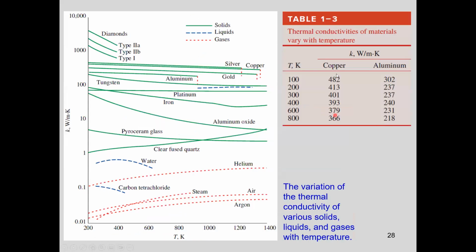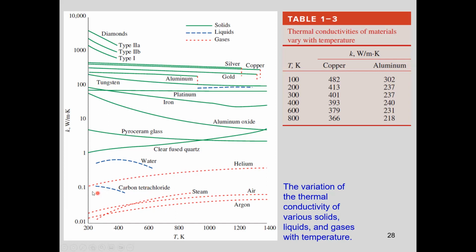The thermal conductivity normally changes with temperature. For example, in this table, as the temperature increases, the thermal conductivity of copper decreases. For aluminum, it also decreases, right? Here you can see how different materials behave.